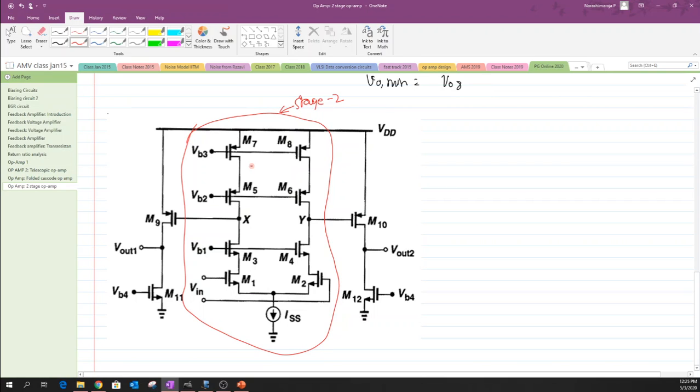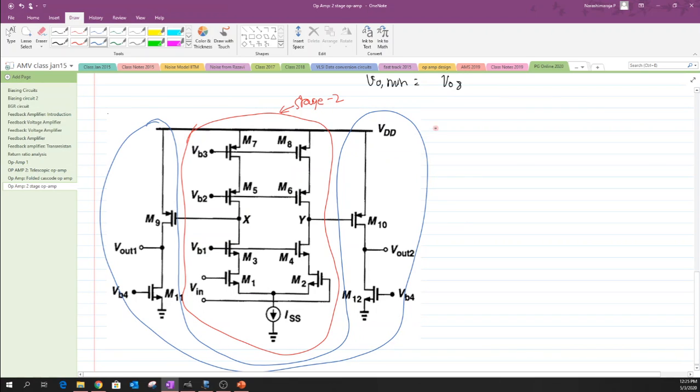It is a CS amplifier with a current source load. Okay. So, this entire component that is surrounding this stage 1 forms what is known as stage 2. Okay. So, sorry, this is stage 1 and this one is stage 2. Yeah.